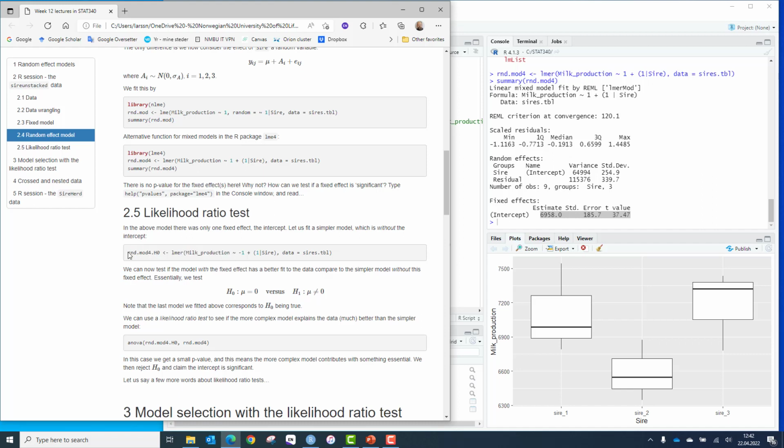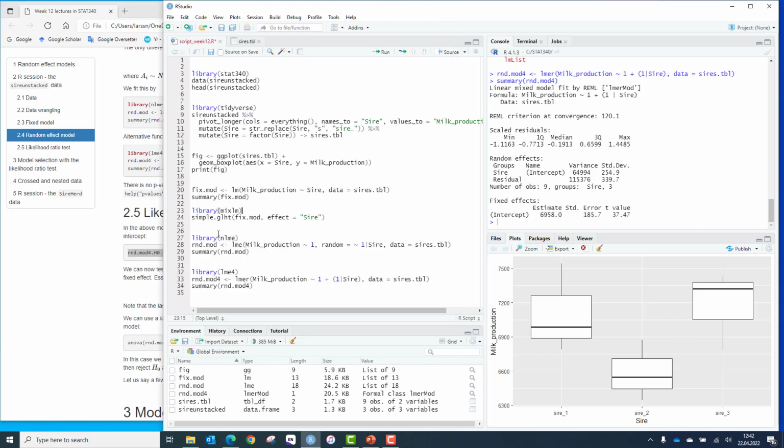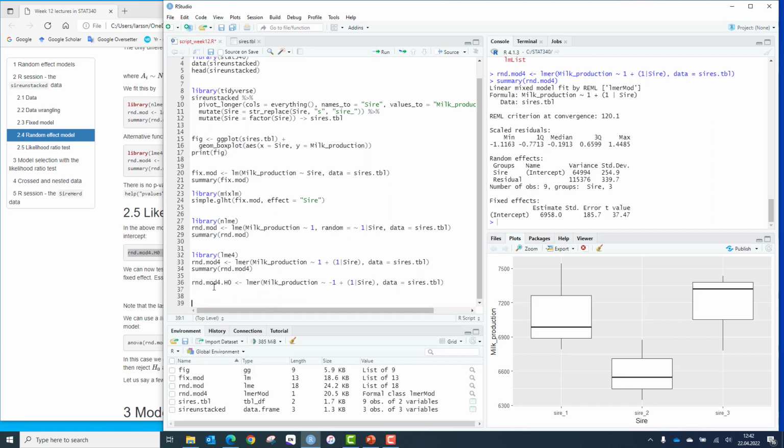So let me just copy this code now and take it over here and paste it in. So notice now that in this model fitting here, I say again milk production is the response, but then I put -1 here instead of 1 that I did up here, right?